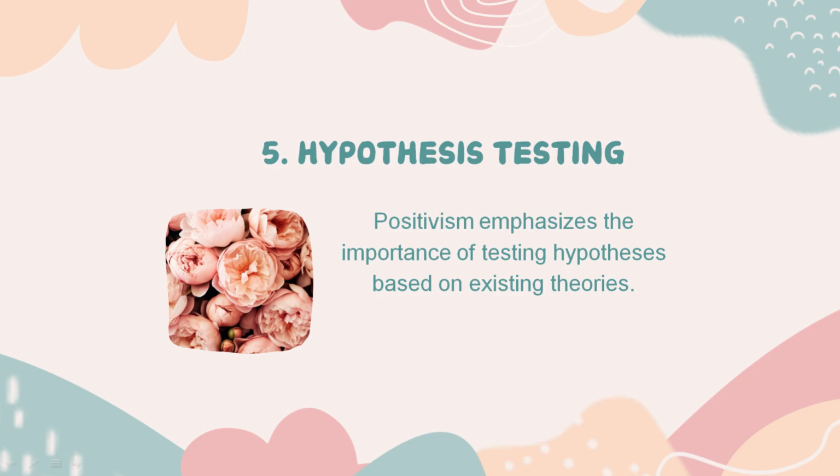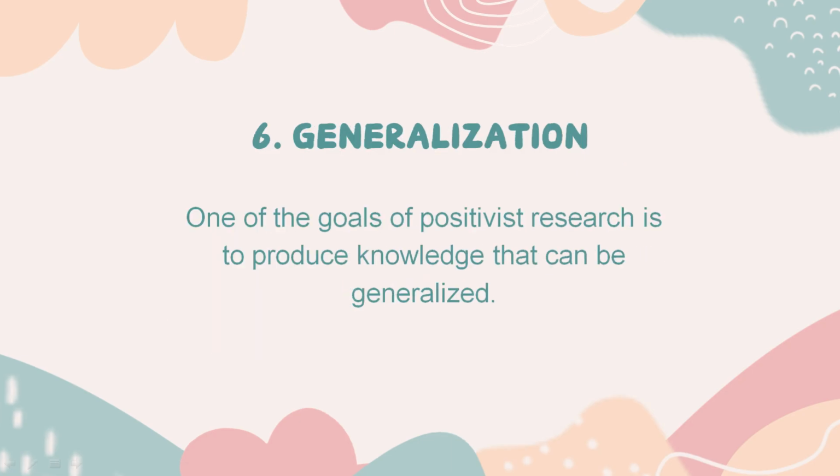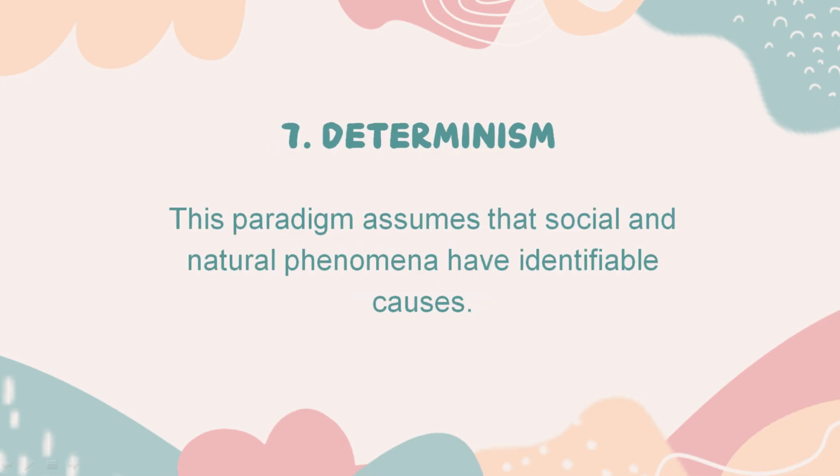Positivism emphasizes the importance of testing hypotheses based on existing theory. Sixth, generalization. One of the goals of positivist research is to produce knowledge that can be generalized. Seventh, determinism. This paradigm assumes that social and natural phenomena have identifiable causes.